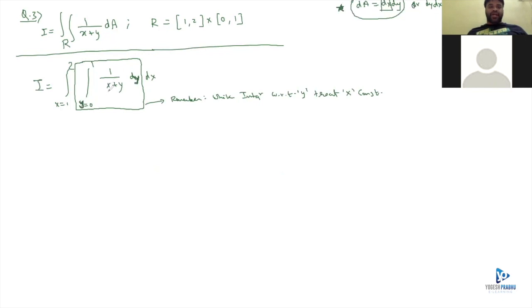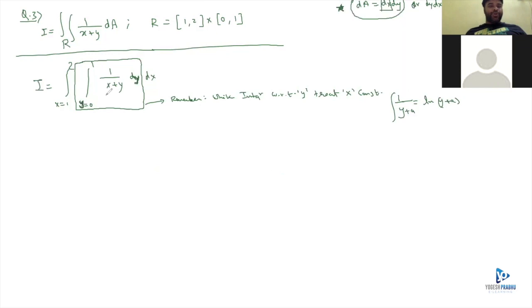So now what is the integral of 1 over y? ln y. So what is the integral of 1 over y plus a? ln y plus a. Did you get that?